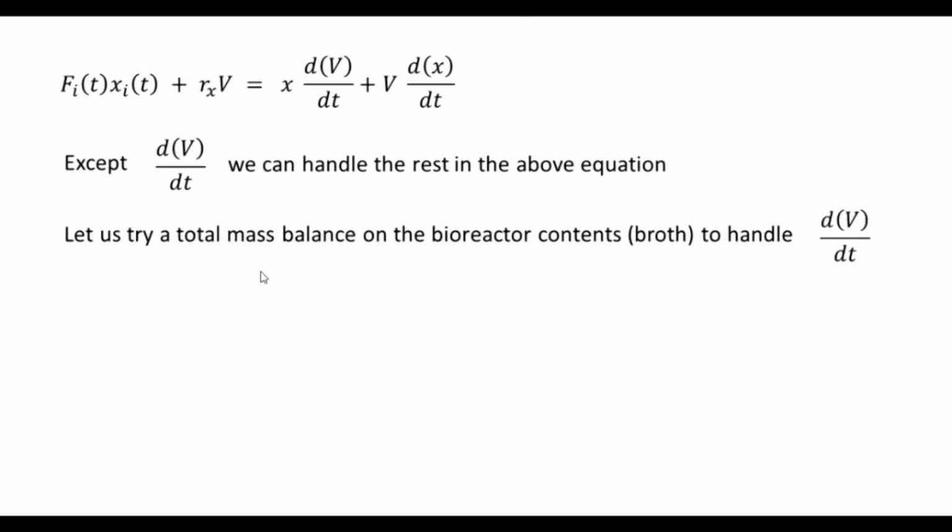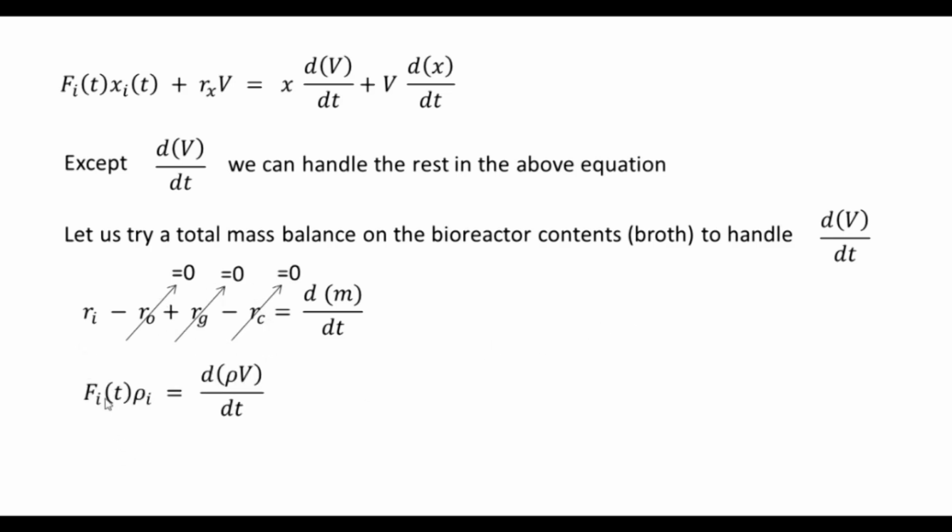To do that, let us try a total mass balance on the bioreactor broth. If we do that, there is no output, there is no generation of mass, there is no consumption. All these terms go to 0, and therefore Fi(t) times rho i, this is total mass, equals d/dt of rho V, density times volume, again total mass. Usually the inlet and outlet densities are the same and a constant, therefore we can take them out of the derivative.